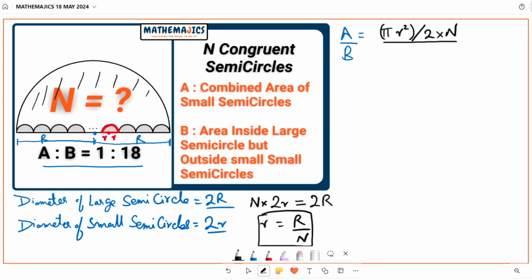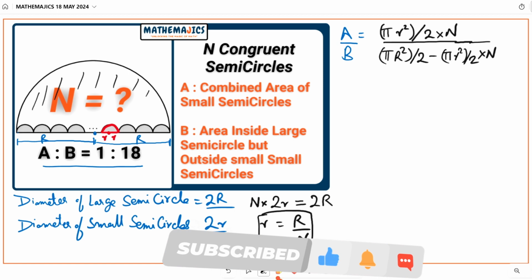So what is the area of the large semicircle? It will be pi R square divided by 2. If we take away the area of all the small semicircles, we will get the remaining white area. So we take away pi r square by 2 times n. Now let's see what can be taken common and cancelled out.